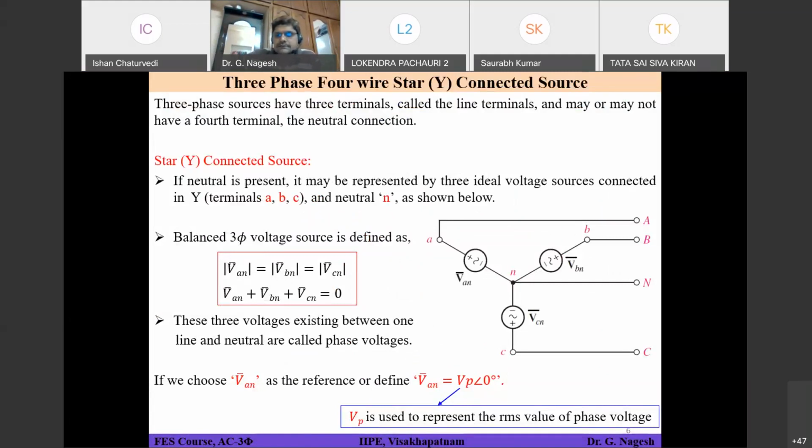Both are correct. Generally, RMS value with some phase angle is what is usually followed. So VP here represents the RMS value of the phase voltage at an angle of 0 degrees. So what could be VBN and VCN?